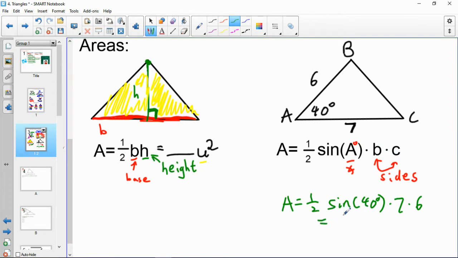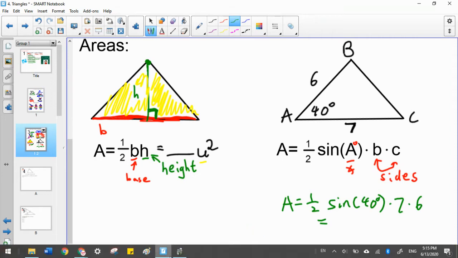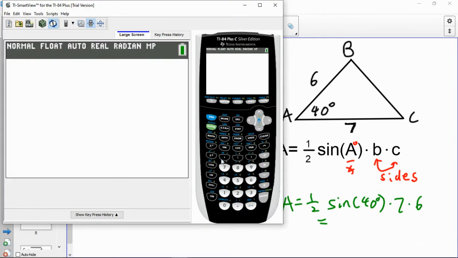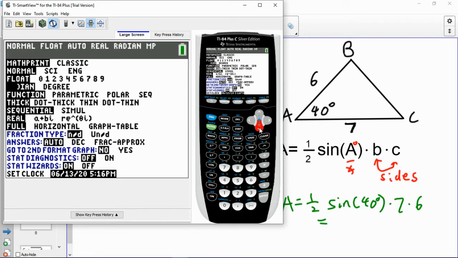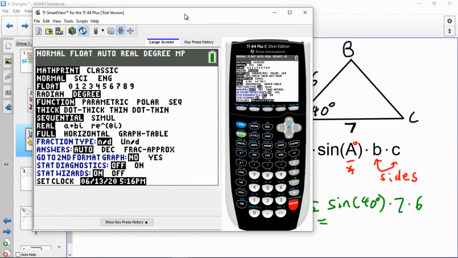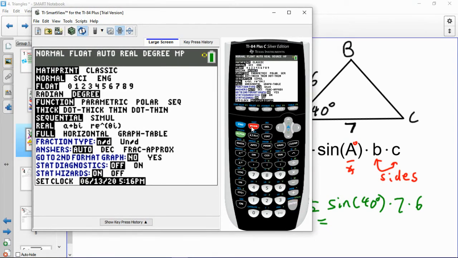And now that I have all this, I can actually just plug this into the calculator so that I can get my area directly without having to find the height. Now, real quick, when you're using the calculator to do math with angles, make sure you're doing everything in degrees unless you're specifically meaning to do it in radians. So make sure you get it into degrees before you move on.